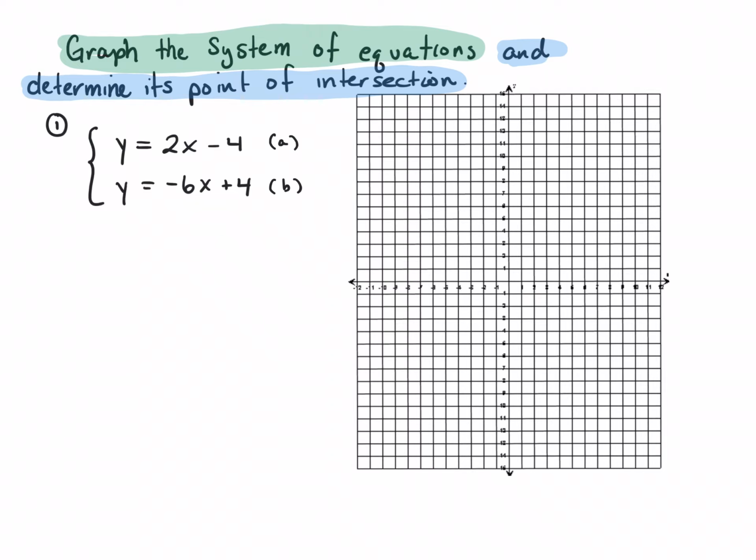The reason I'm separating them is because I want to review looking for the slope and the y-intercept of a line. What we need to remember is that the number that is not paired with the x, not grouped with the x, is what we call the y-intercept.